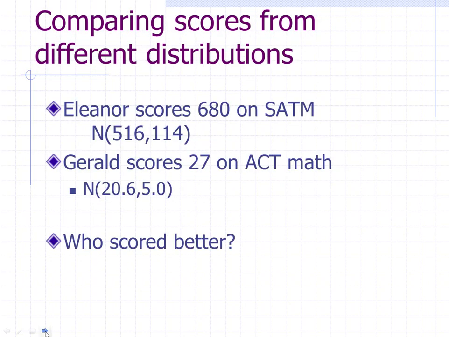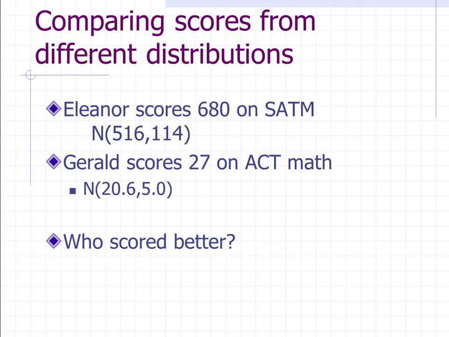So let's talk about where we can use this. This is similar to one of the exam questions. We can take people from different distributions and we can actually compare them.